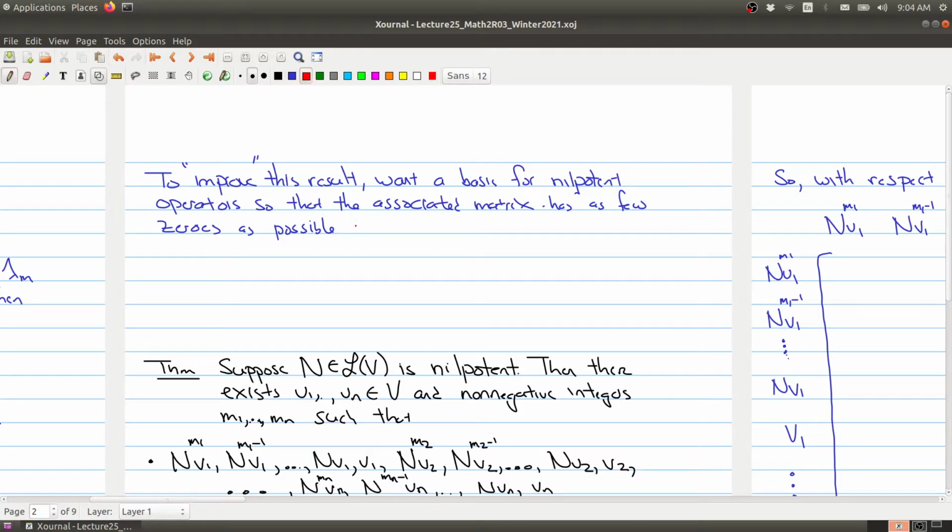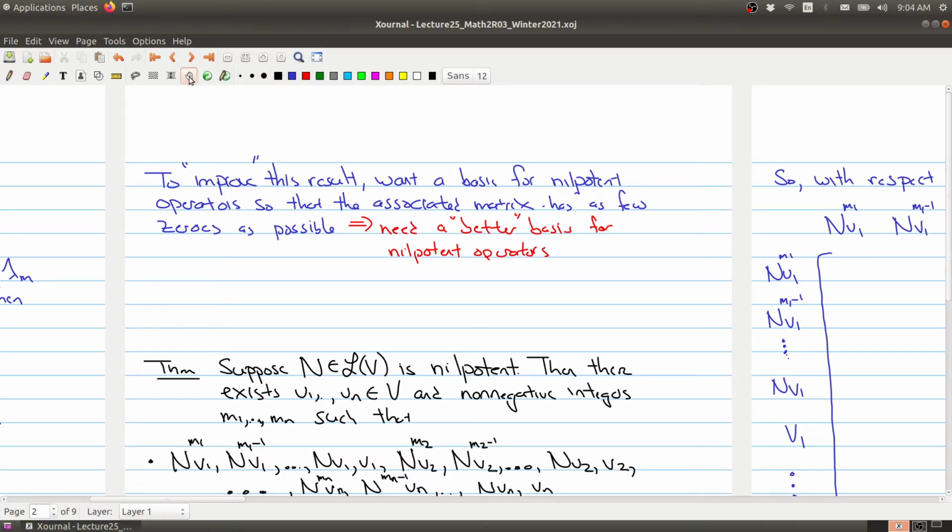So we have to go back and revisit our result about nilpotent operators and ask, can we find a better basis? So we need a better basis for nilpotent operators. That's really what we're doing today, filling in these last couple of pieces about figuring out what a proper, better basis for nilpotent operators is.